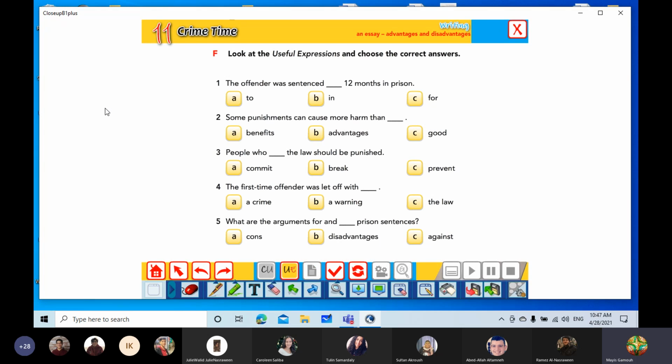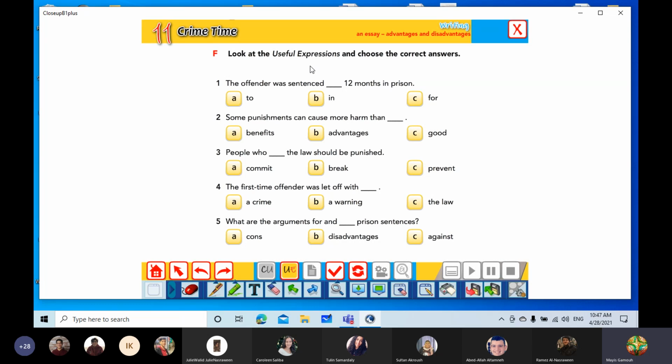Yes, we'll go now to exercise F, and you have to use the useful expressions. They are stated in your student book on page 145 in order to be able to answer this question. So look at the useful expressions and choose the correct answers.